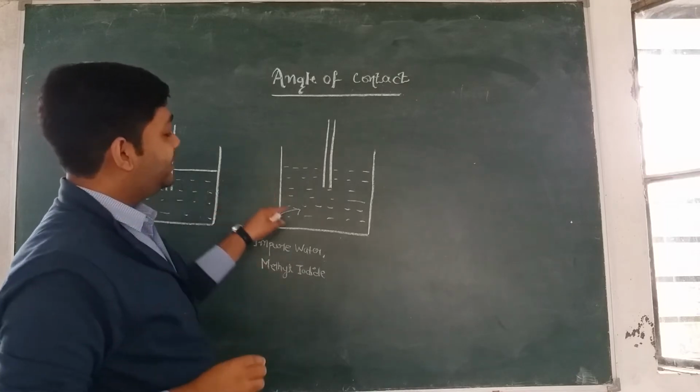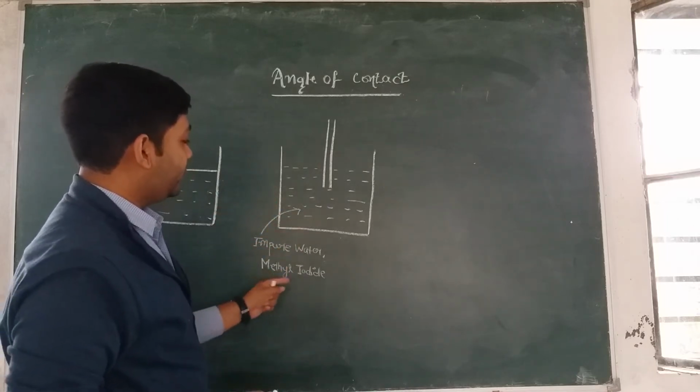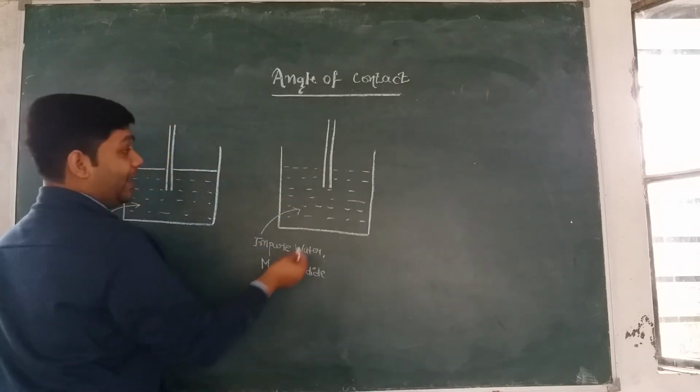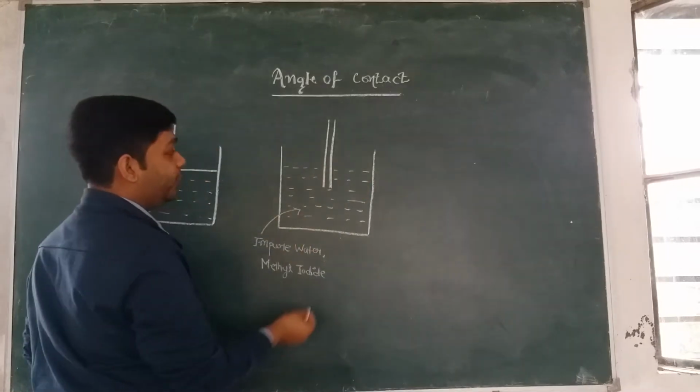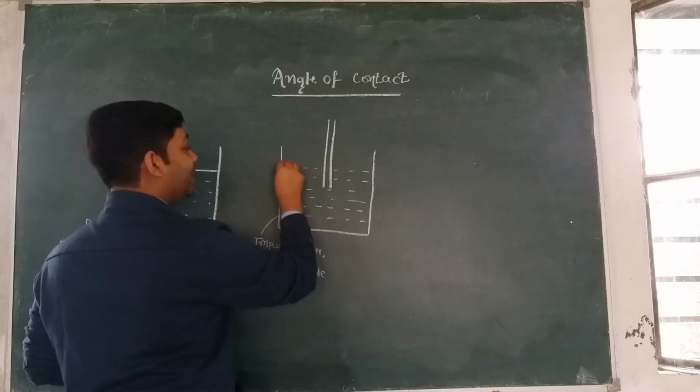Right? So in this container we have taken impure water or methyl iodide. Now if you observe closely the free surface of the liquid, then it is something like this.